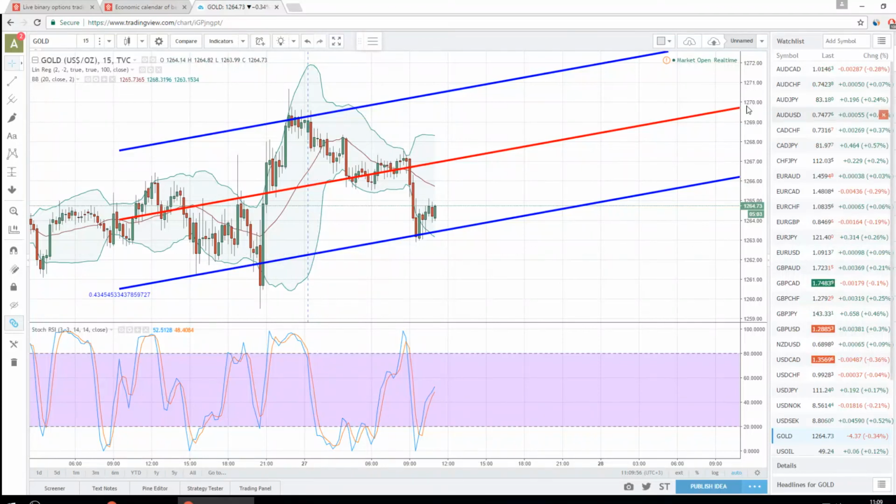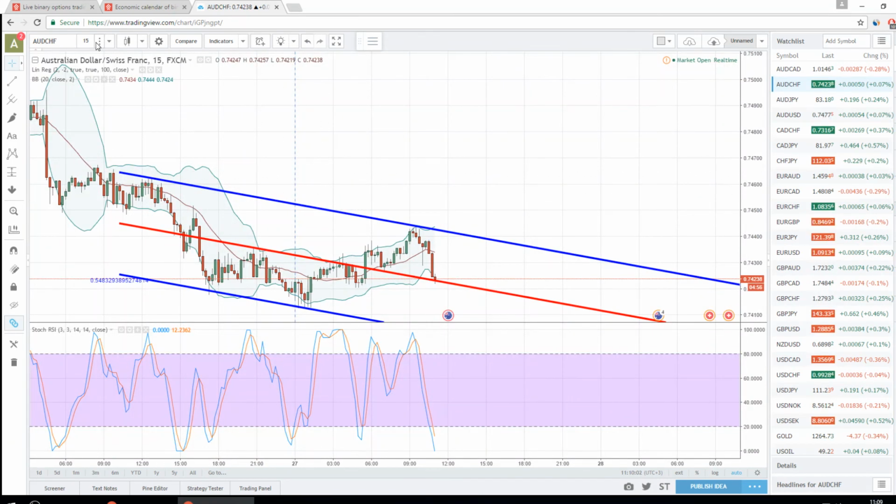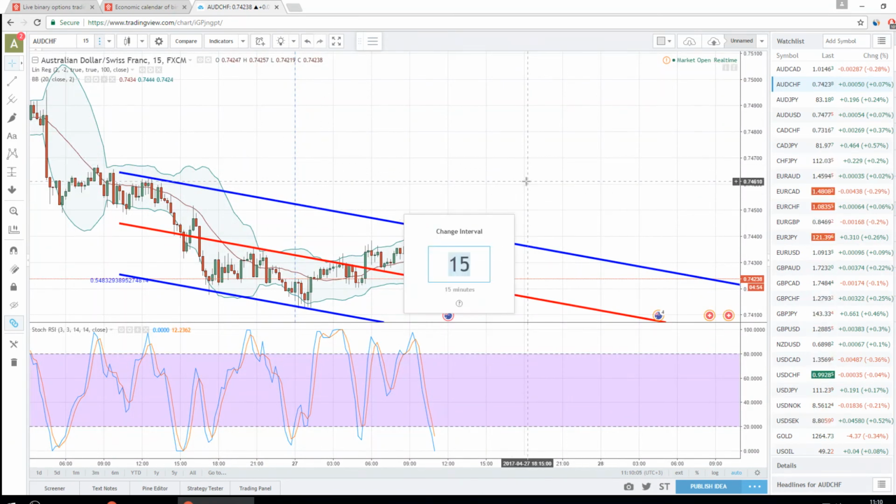Let's see the situation on Australian to Swiss franc, as it promised to be pretty interesting, but currently it's falling.